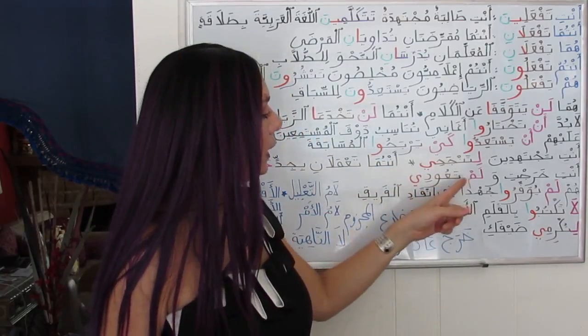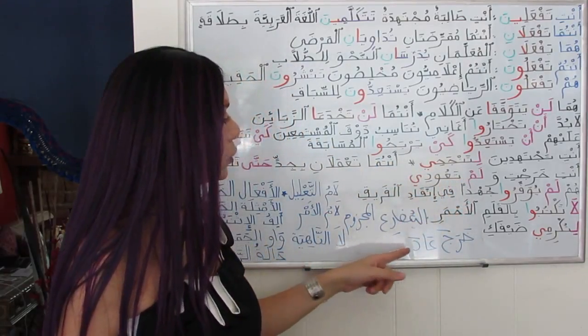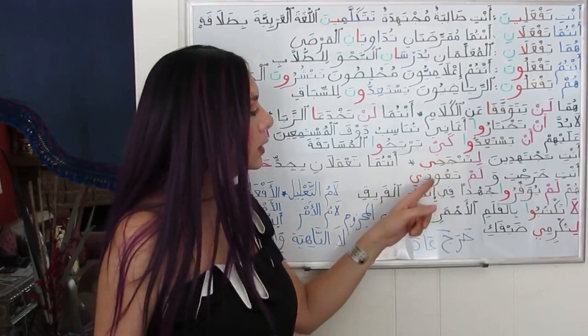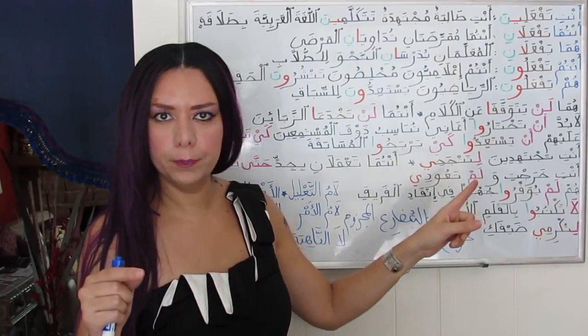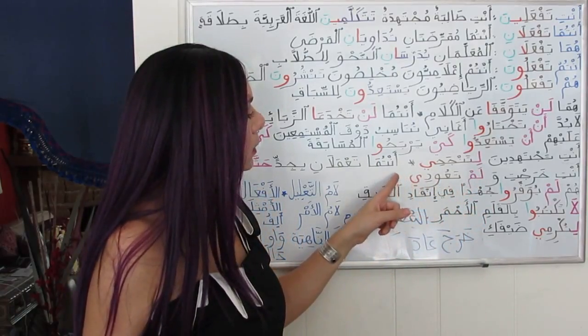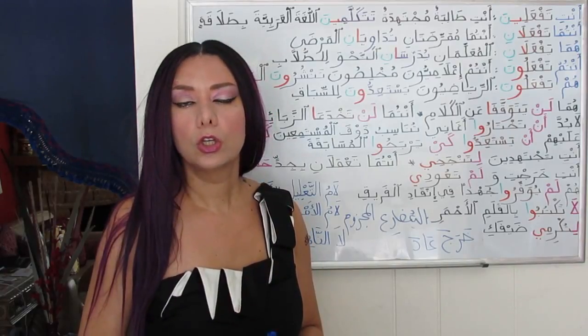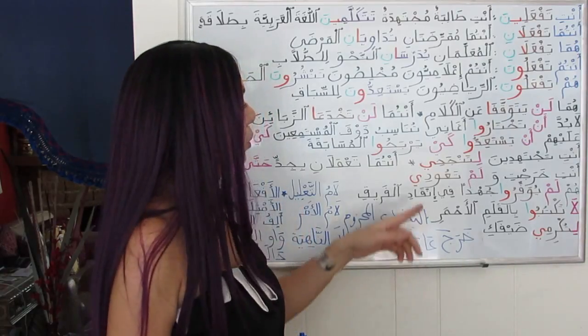Okay? So here the verb عاد is conjugated in the imperfect jussive because it is preceded by لم, and the noon is gone because it is in the jussive mood. Alright?